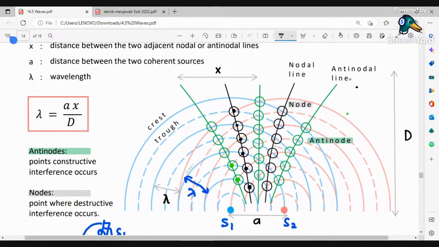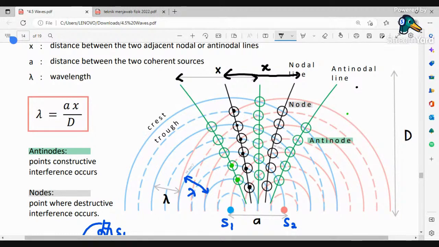As you can see from here, we have green and black lines alternately: green, black, green, black, green, black, and so on. If you measure the distance between two consecutive antinodal lines, the green color, we mark it as X. Same thing, if you measure between two consecutive nodal lines, this is also X. Actually, same length.